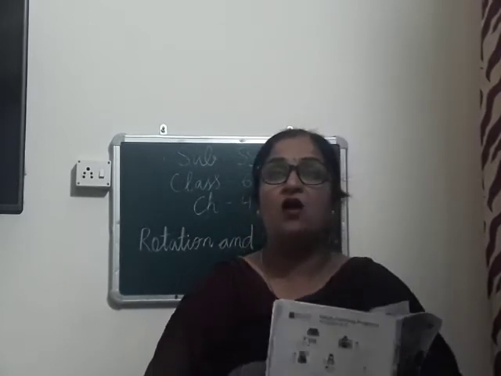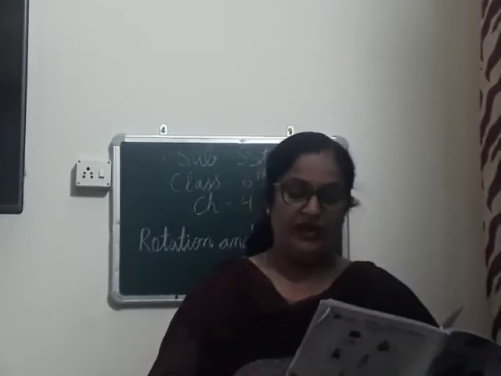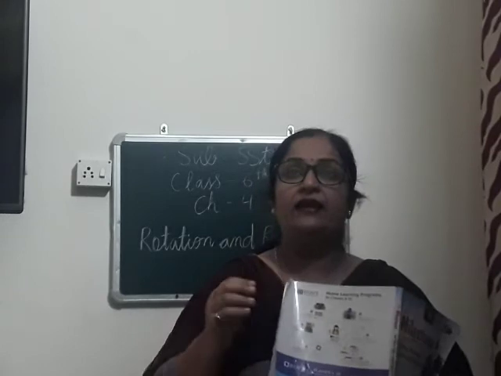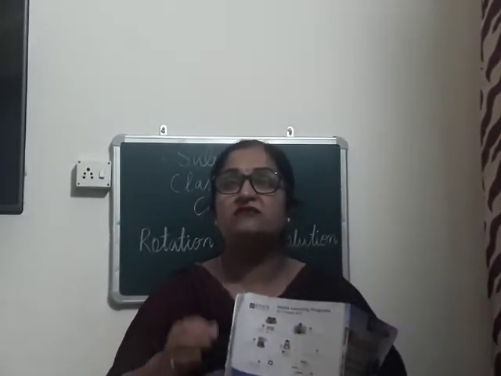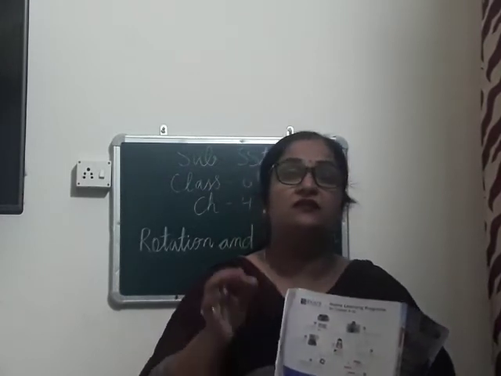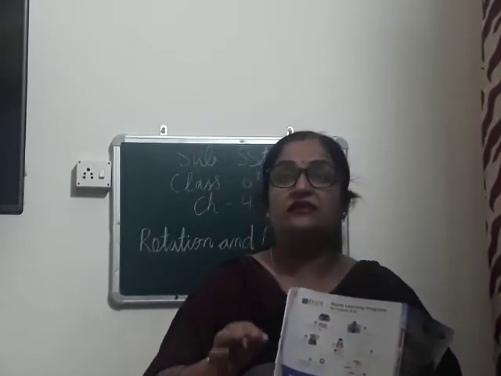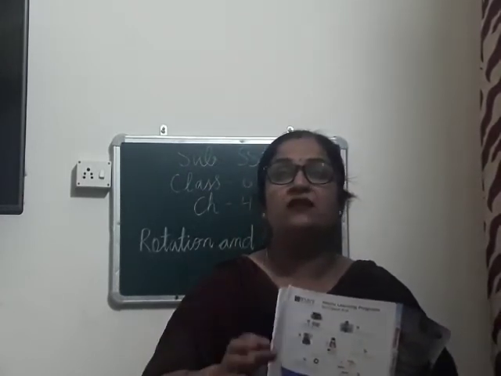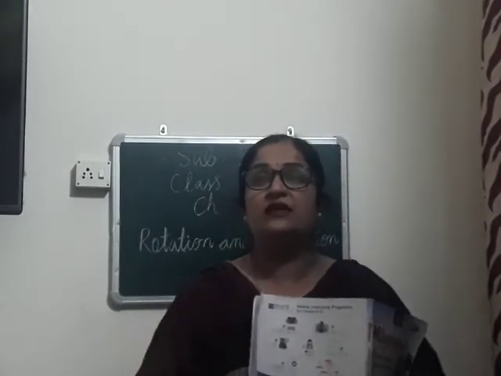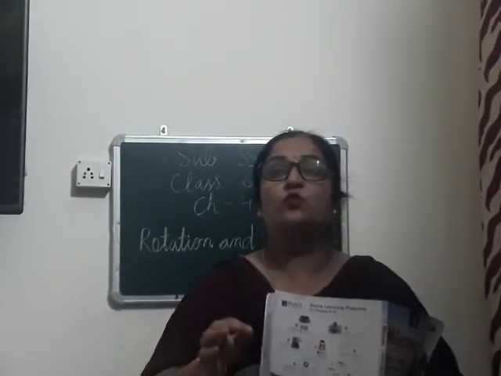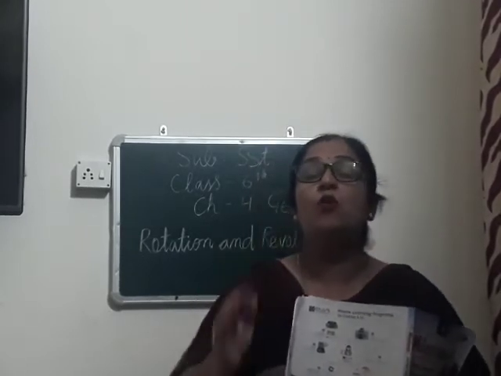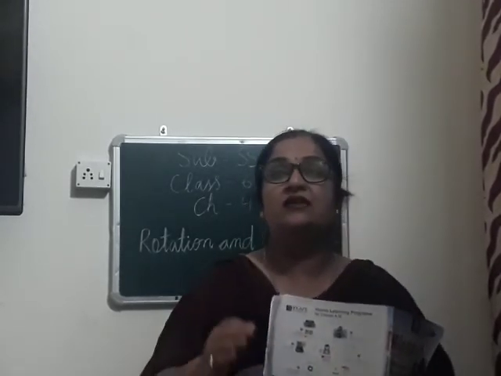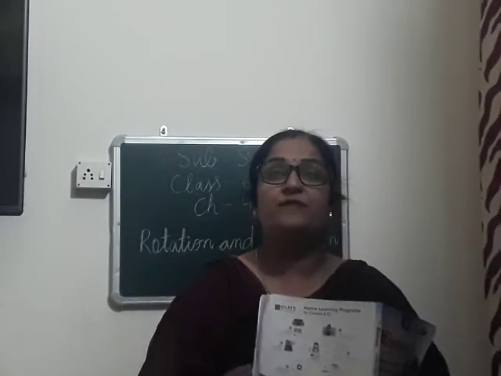Right. Now, variation in the length of day and night. We have studied that the Earth's axis is inclined. When the northern hemisphere is tilted towards the sun, it receives more sunlight than the southern hemisphere.